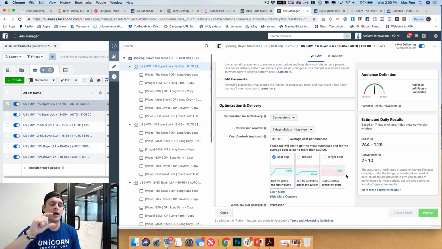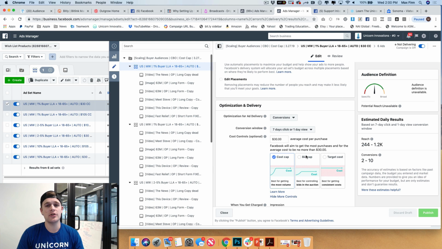So it'll stay in that tight grouping around $30. Now, again, this is solid if you're looking to spend a ton of money and you don't care about minor fluctuations, you care more about stability and consistency. Target cost can be a good option for you. Out of all three bid types, the one we use least is target cost.